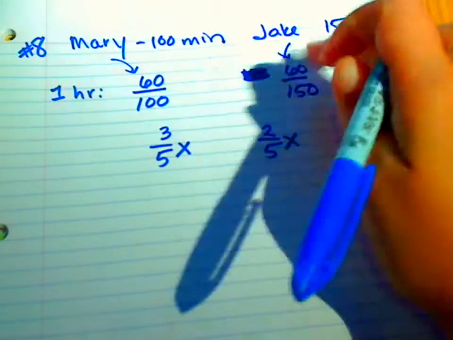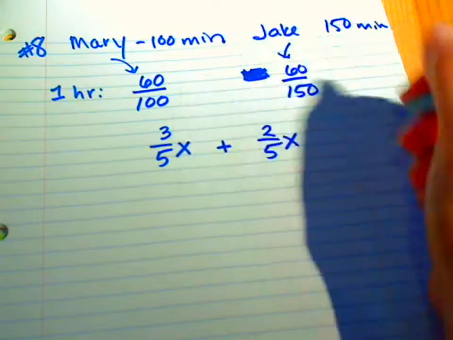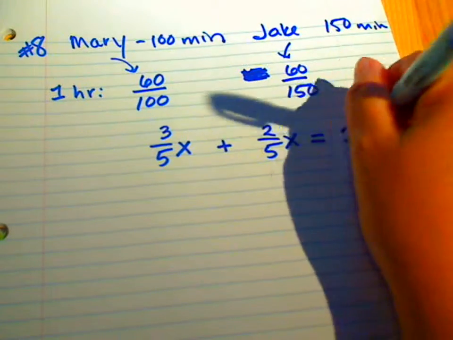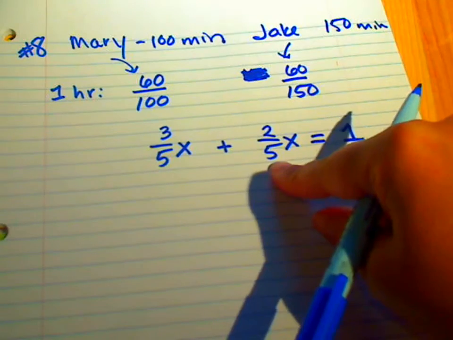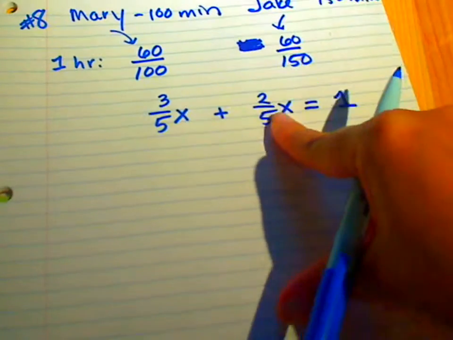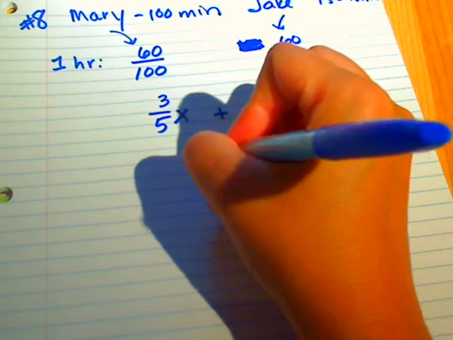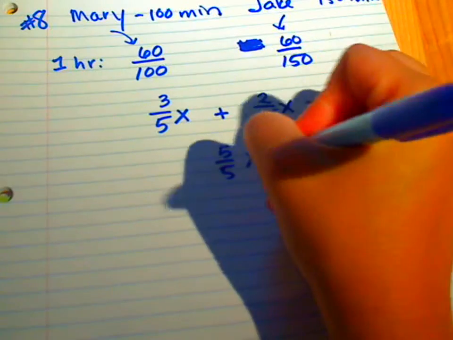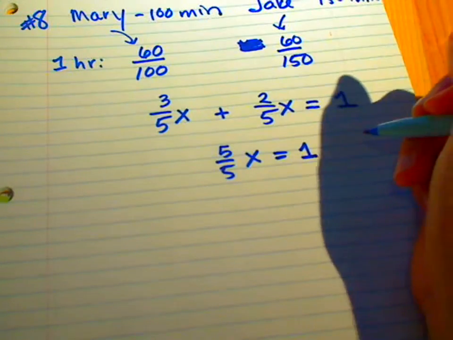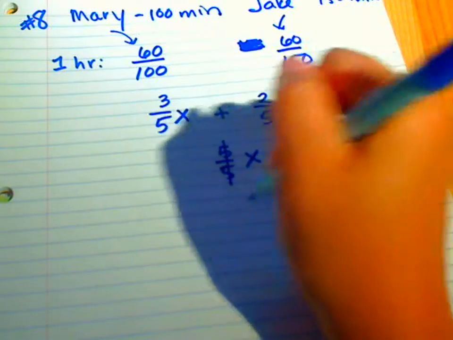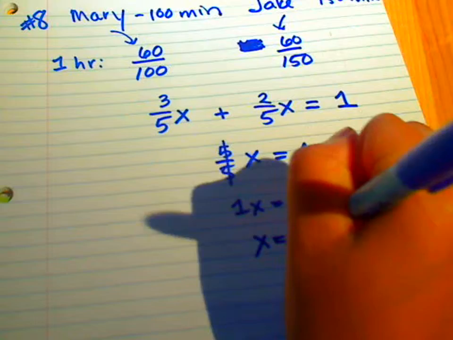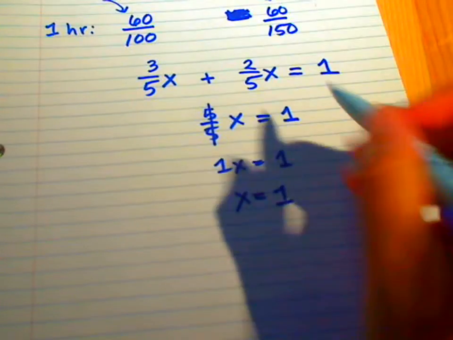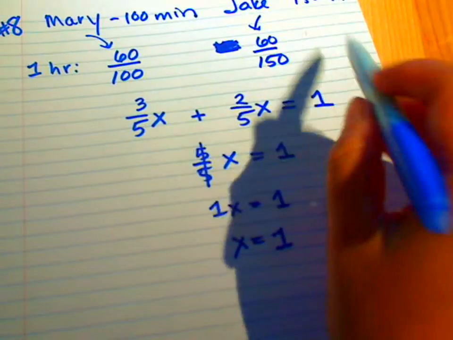So her time plus his time, and they are trying to paint one room together. So what I'm going to ask you to do now is add these two fractions together, make sure the denominators are the same, which they are. So 5 out of 5x equals 1. So this is 1x. So x is 1. So together, in this amount of time, they painted one room.